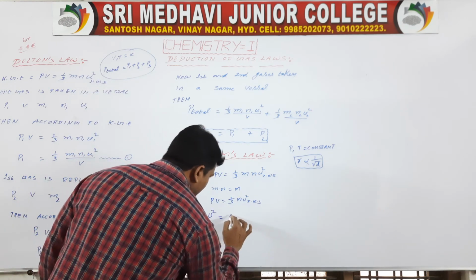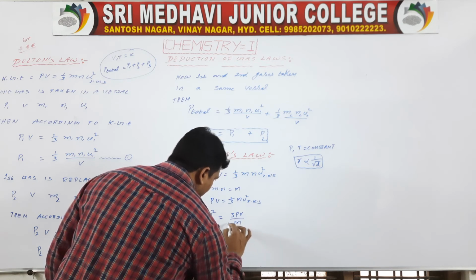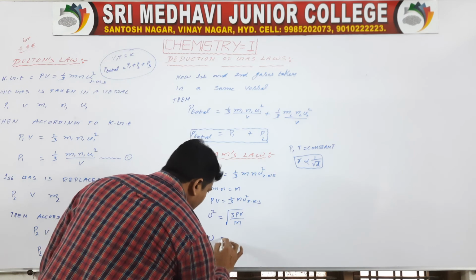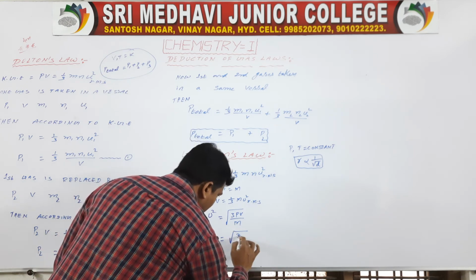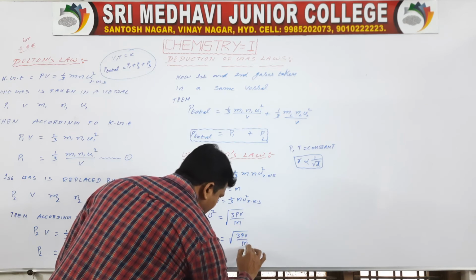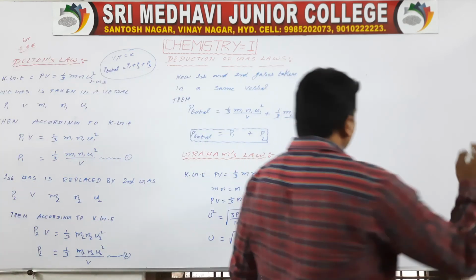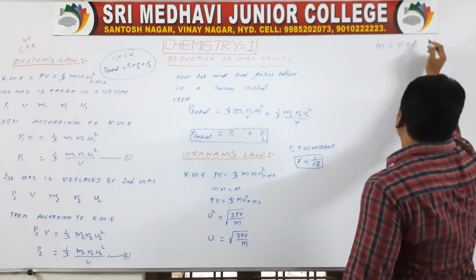U square equal to 3PV by capital M, under root. Then U equal to under root 3PV by M. Okay. Then you have to know a relation here. Mass equal to volume into density.